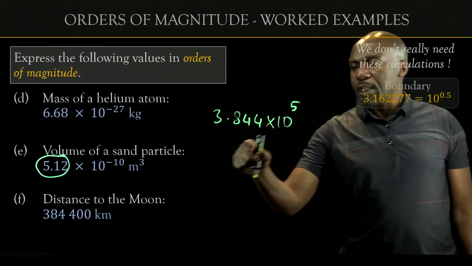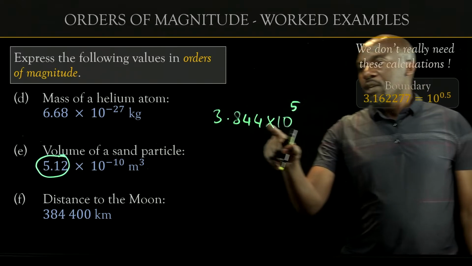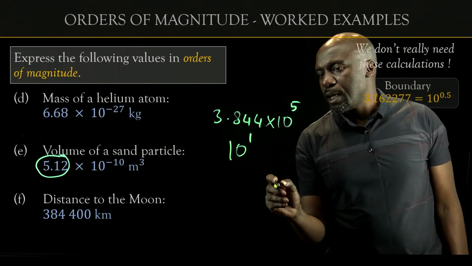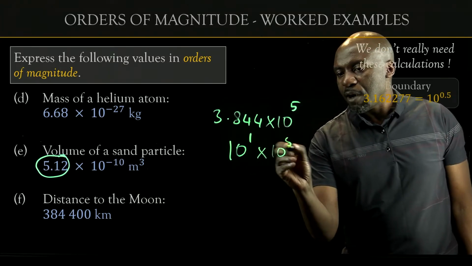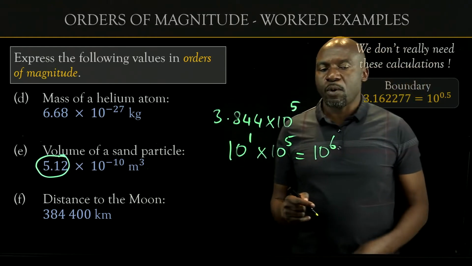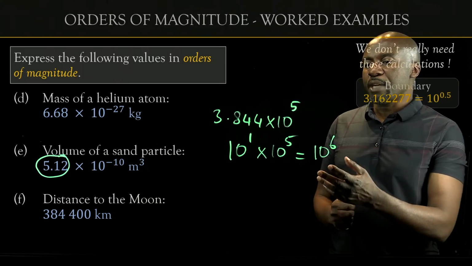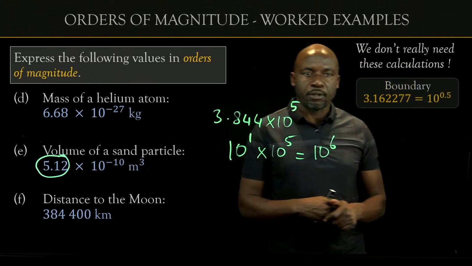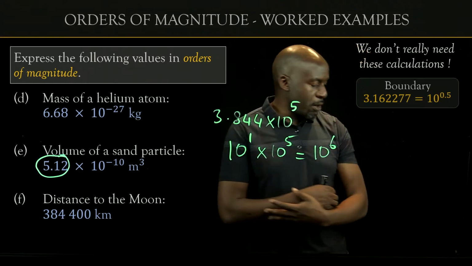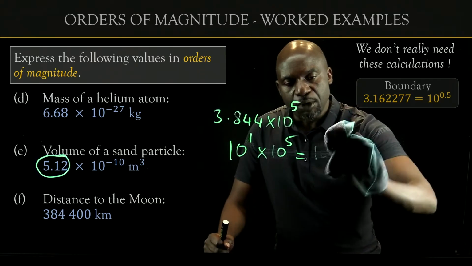I know 3.8 is greater than 3.16, so this can be rounded up to 10 to the power of 1. I'll multiply that by 10 to the power of 5, and I end up with 10 to the power of 6. So very quickly we can tell the orders of magnitude without having to waste so much time with the previous calculation. Use this boundary to tell you whether to round to 1 or round back to 0 once you've written a number in scientific notation.